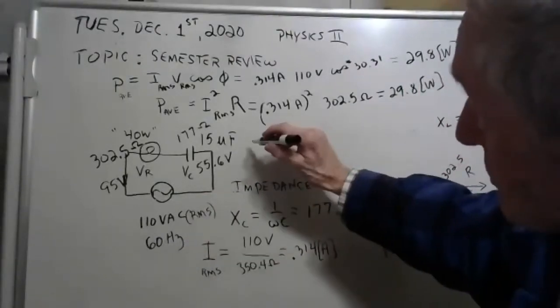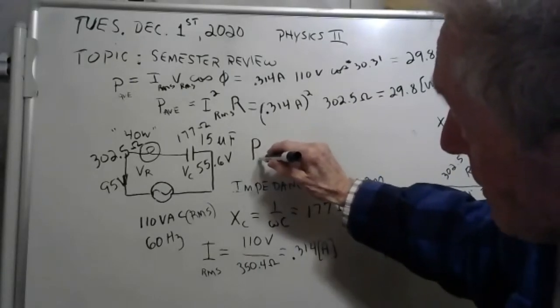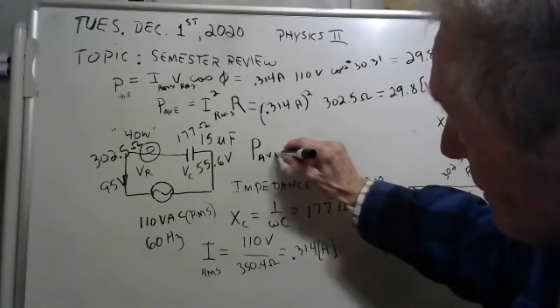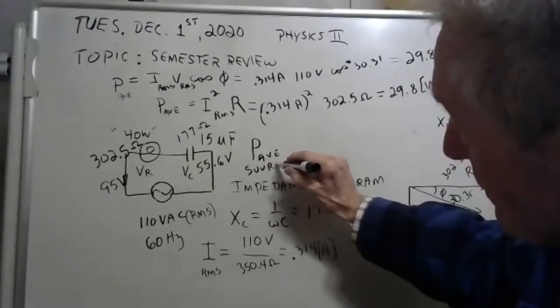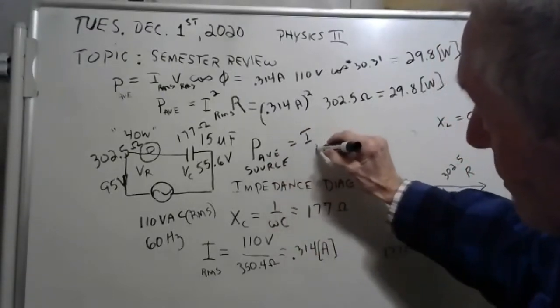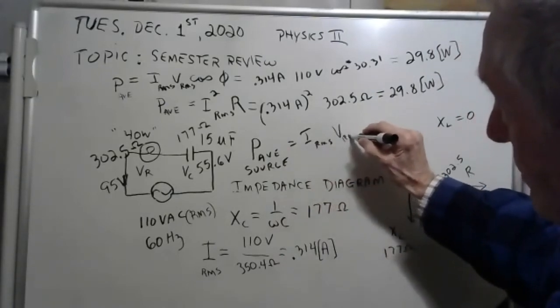Now one last thing here and we'll move on to some more fun things. The average power provided by the source, we'll put source right here, is equal to the RMS current times the RMS voltage.